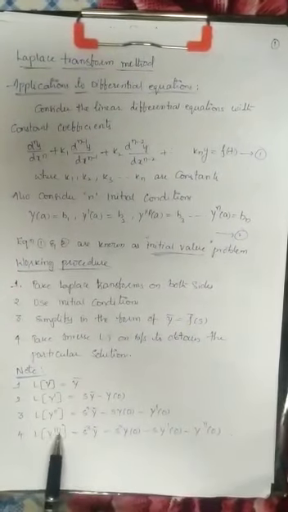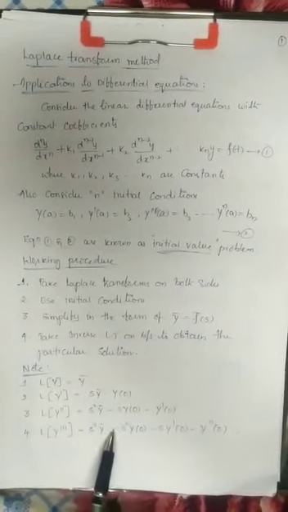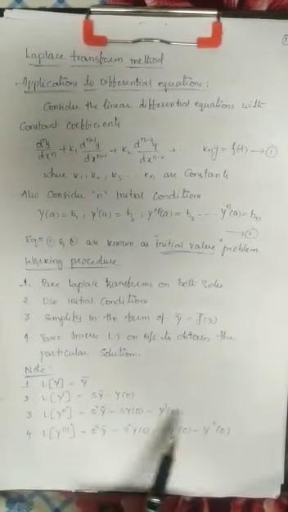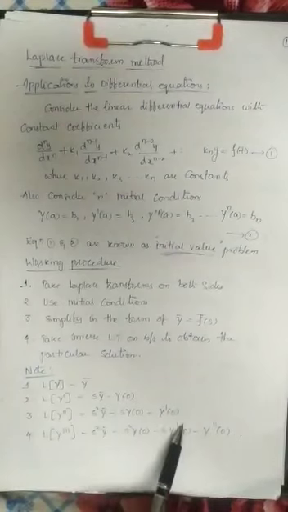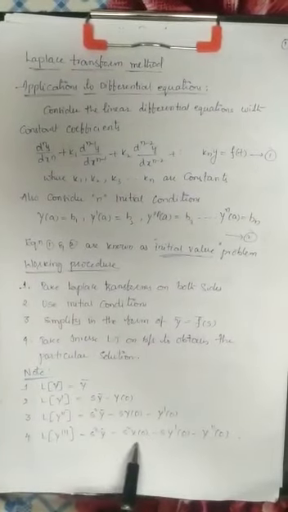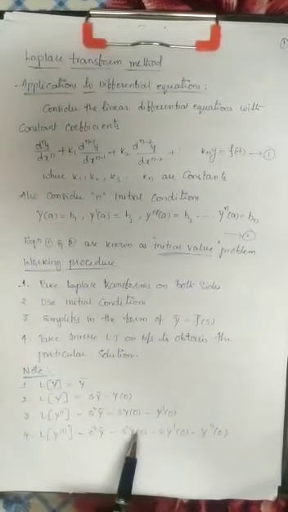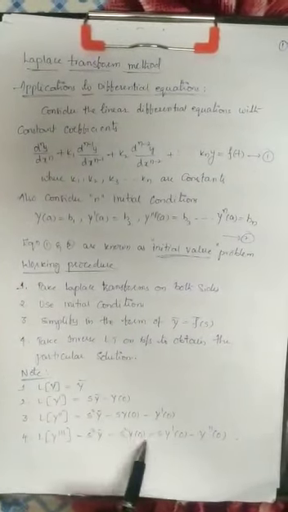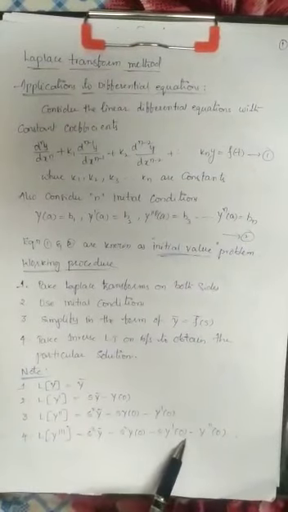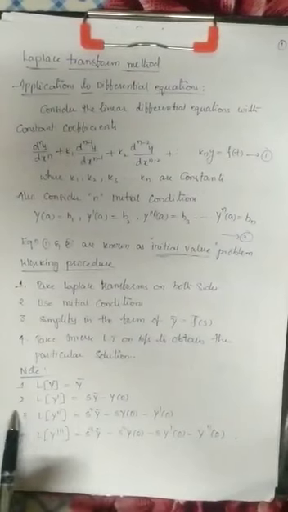Then for y triple dash, we start with s cube y bar minus s square into y of 0, minus s into y dash of 0, minus y double dash of 0. The powers of s keep reducing, and y bar becomes y of 0, then y dash of 0, then y double dash of 0. So remember these notes.